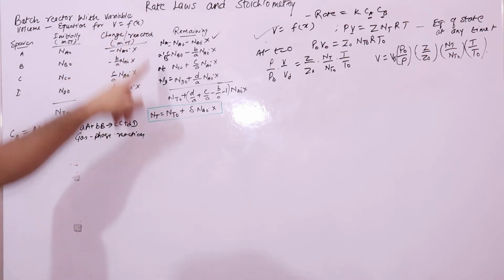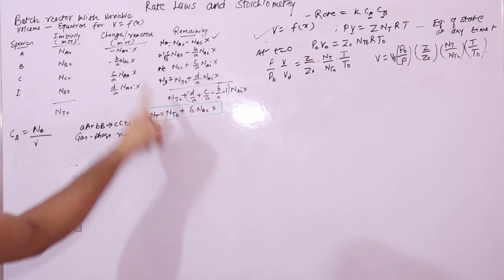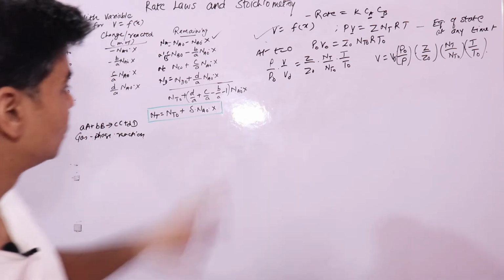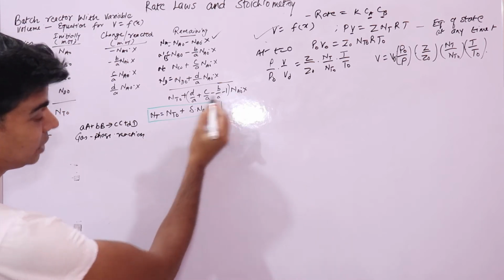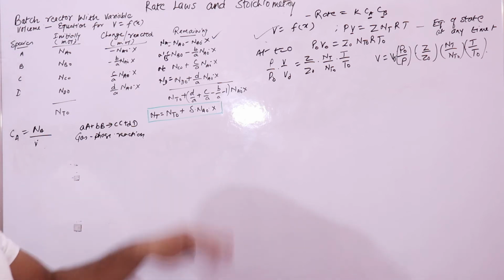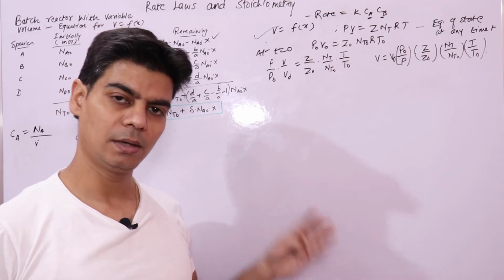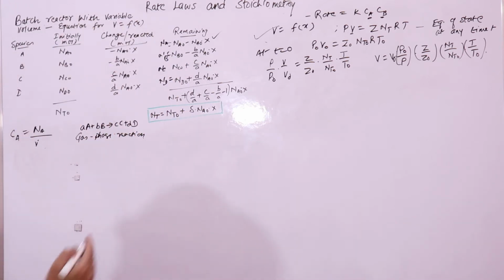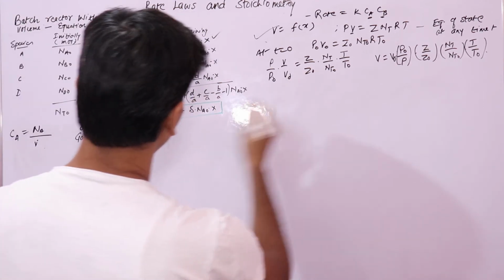This is conversion, which represents how much reaction has occurred, and this represents the total number of moles at any time t. This is the expression that you will get. We did this in the previous video lecture, so you can check out the previous lecture on rate laws and stoichiometry if you have any doubts related to the stoichiometric table. This is the expression that we will now use further.